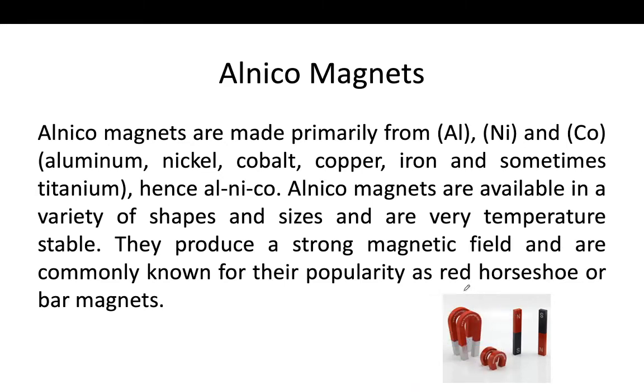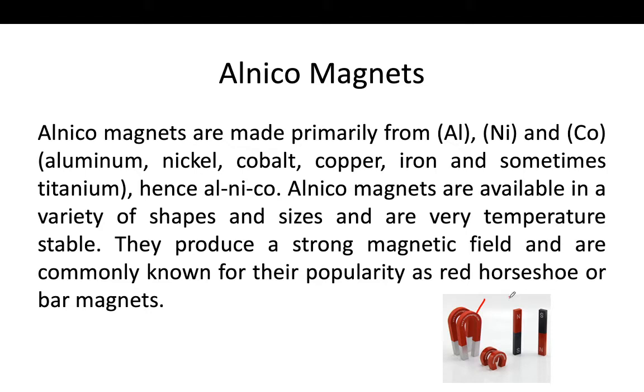This is called the horseshoe shape magnet, because if you see the bottom of the horseshoe shape, there is an iron bar, like the one used to protect the shoe of the horse.